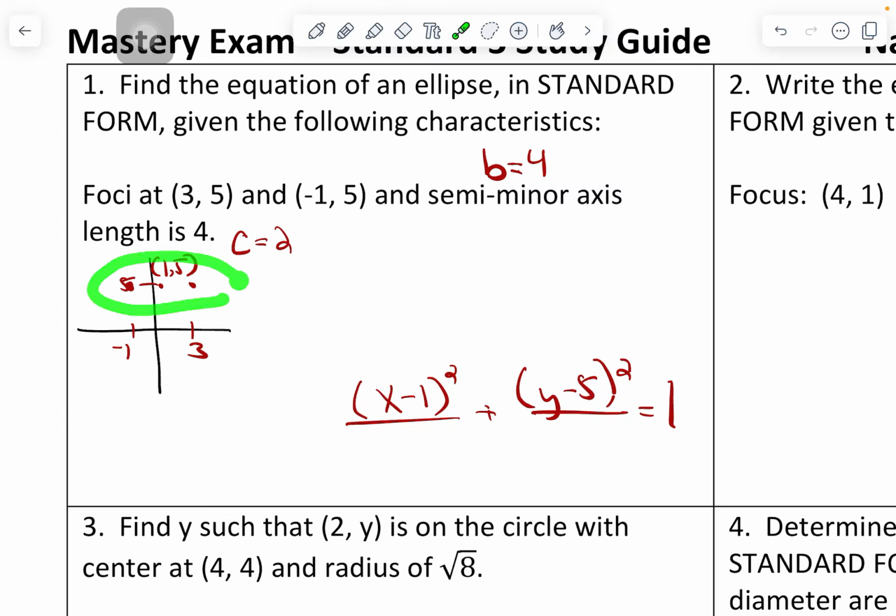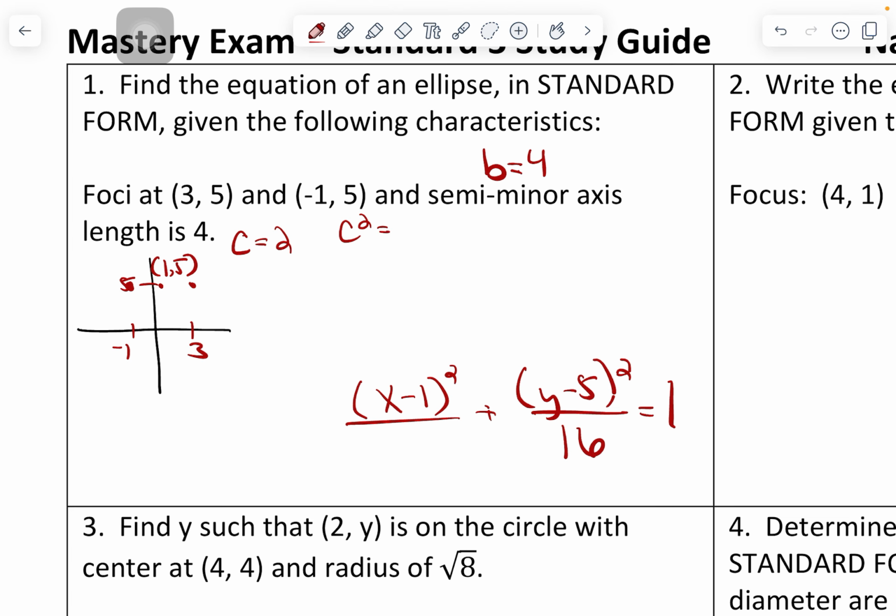If your two foci are horizontal to each other like this, you're more elongated horizontally. So that means your minor axis is going to run vertically. So that means the denominator underneath y is going to be 16. So then let's figure out my a squared value.